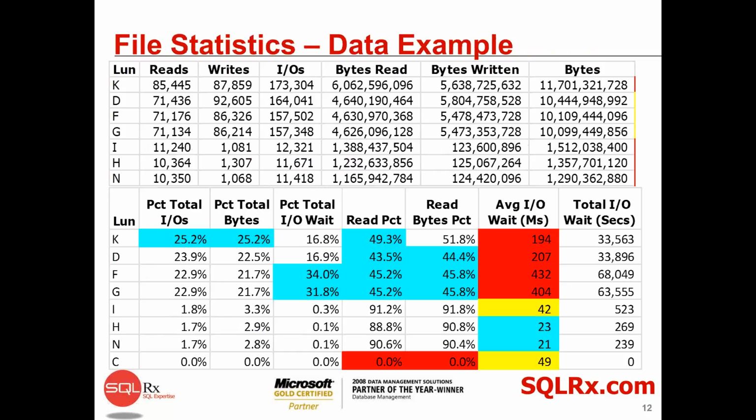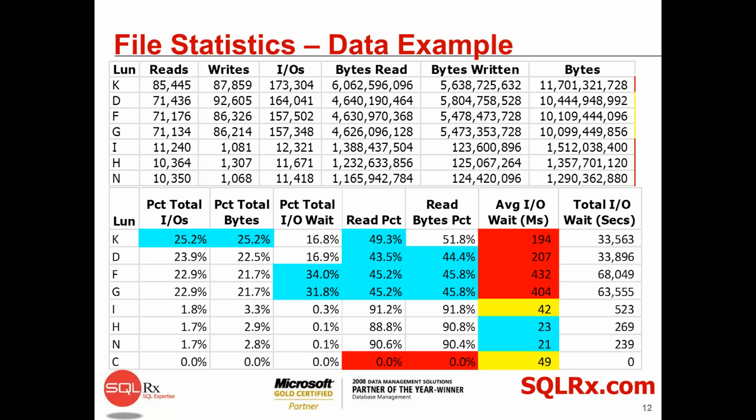In terms of response time, you had some really slow drives on those same ones, K, D, F, G. Those are the same ones that had a lot of trouble, and so that's not surprising. So if we want to attack LUNs and start juggling and figuring out why the times are so bad, this little table gives us the information we need to move forward and try to address some of the problems.